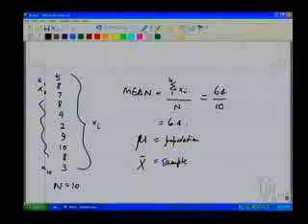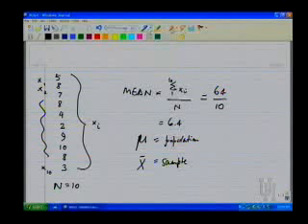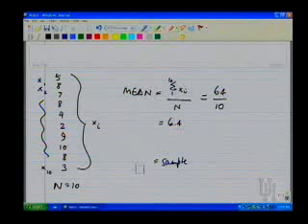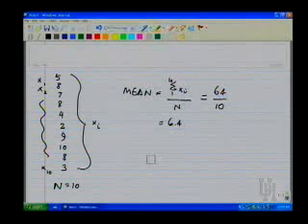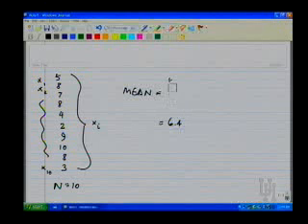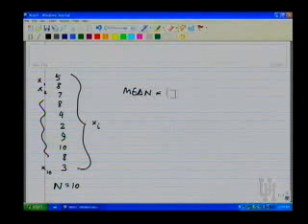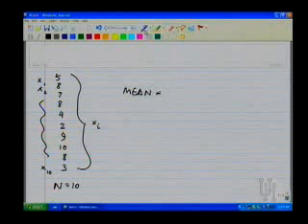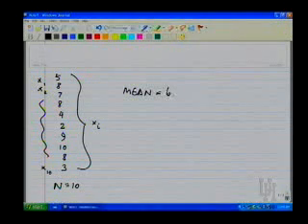Man, and I thought this was going to be difficult. Let's get rid of the notion of different. Simply remember that the mean of the scores was 6.4.